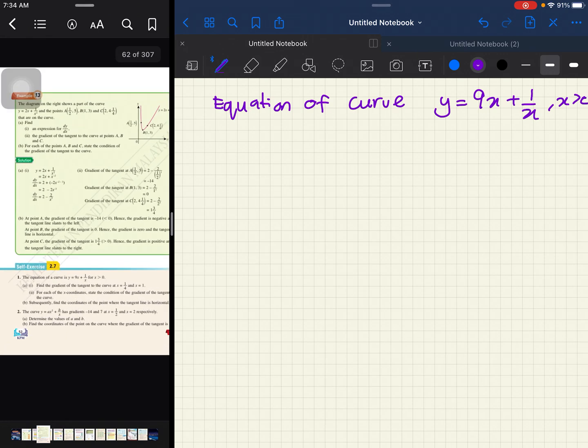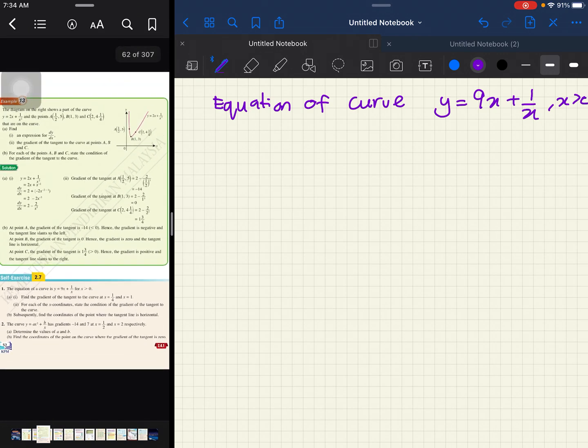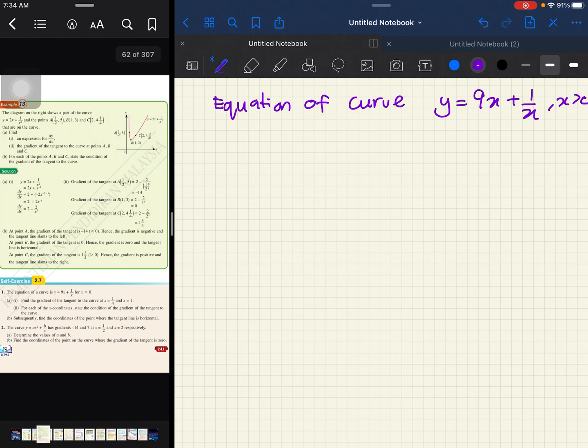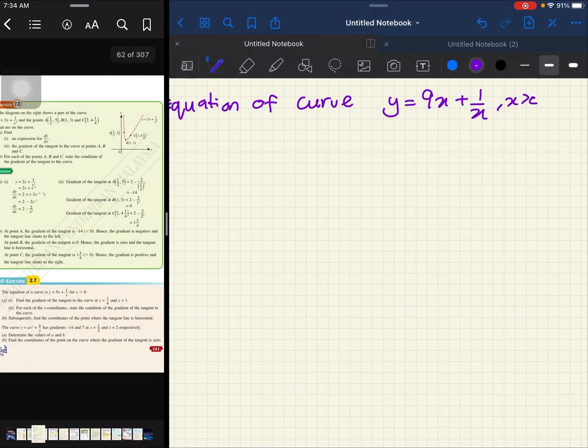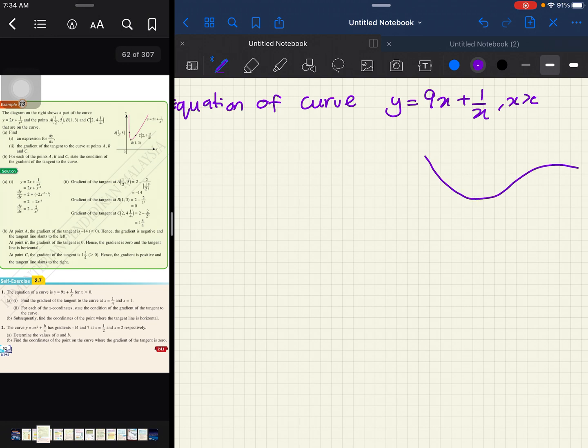Okay, so soalan A dia kata find the gradient of the tangent to the curve at x equals to 1 over 4 and x equals to 1. Maksudnya contoh dia graf dia contohnya begini. Okay, so dia minta kita cari gradient function untuk, katakanlah ada straight line kat sini, yang ini adalah x sama dengan 1/4. Dekat sini ada satu lagi.